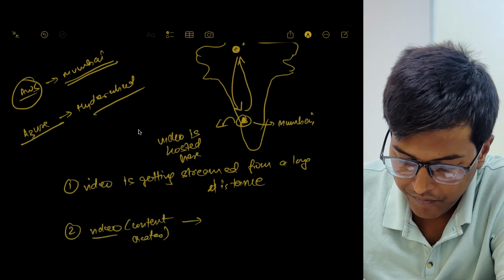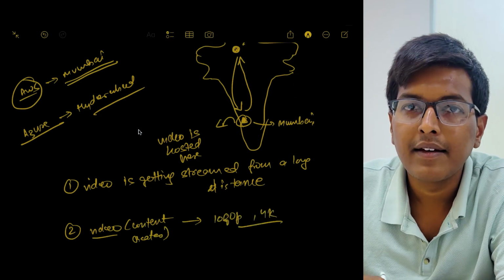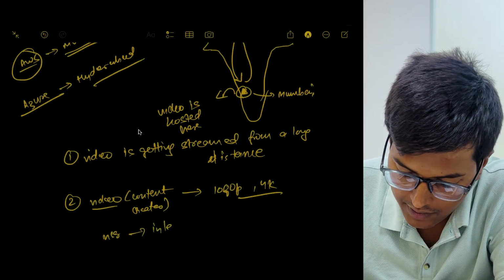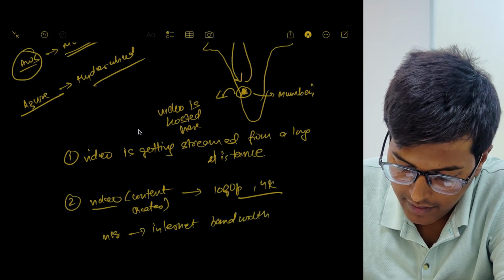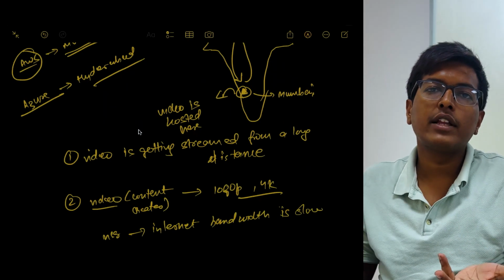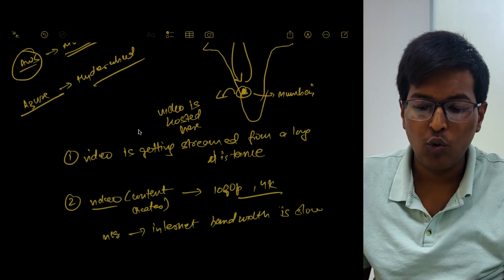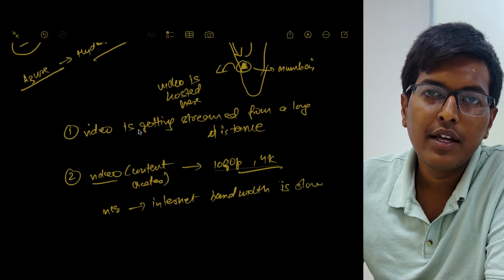And the second is the video that the content creator uploaded can be in, let's say, 1080p or 4K, right? But the user's internet bandwidth is slow. Let's say they are on their mobile device, on a 3G network or a 4G network or a Wi-Fi, which is somewhat slow. So how will they be able to render a 4K or a 1080p video?